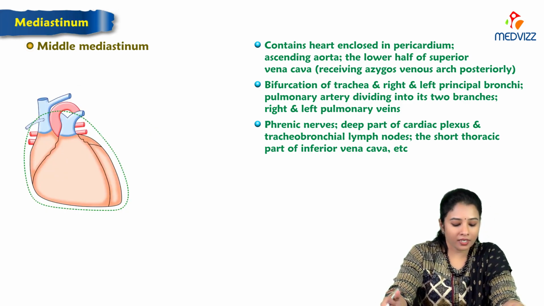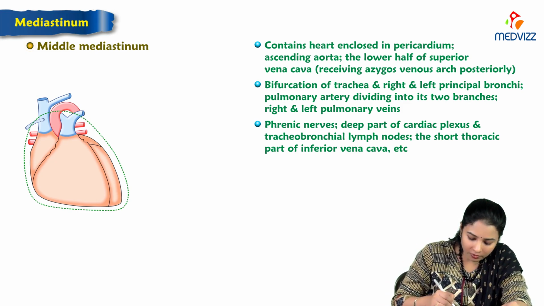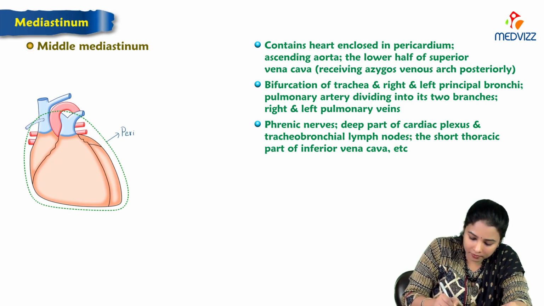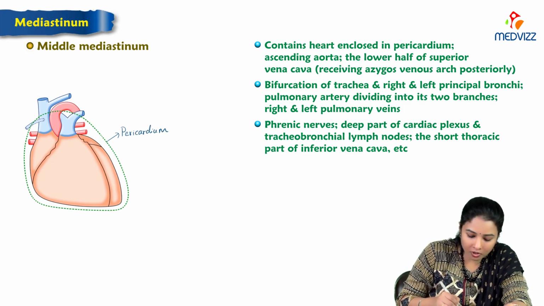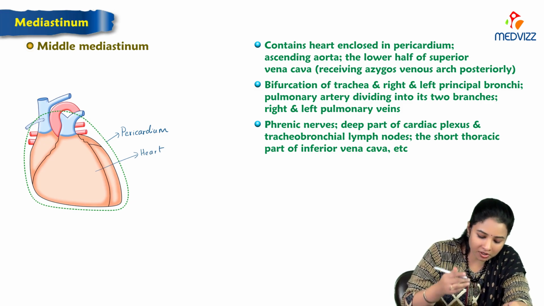Here is a schematic image again to show the contents of the middle mediastinum. The green dotted structure is the pericardium, which encloses the heart and also the great vessels before their origin and termination.